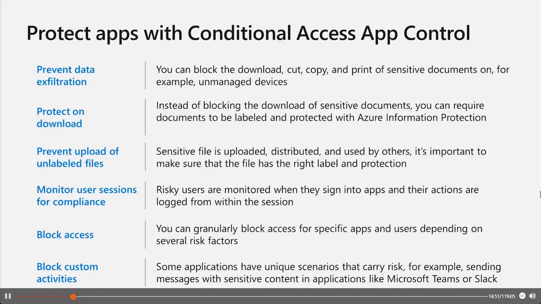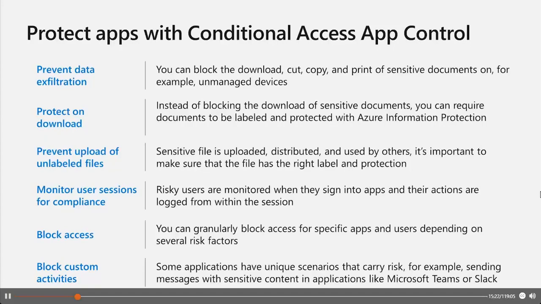On the other hand, we have the monitoring of user sessions for compliance. So you can see risky users that are monitored when they sign into apps, and their actions are logged from within the session. So you also get all the information about Azure AD Identity Protection, about the risk calculation inside this game, and you have many more capabilities to intervene in these scenarios.